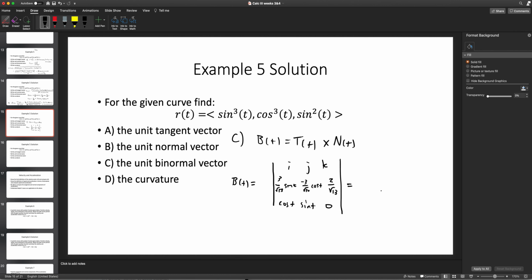All right, now let's take the cross product. So we get 2 over root 13 sin t i, there's a minus there, minus negative 2 over root 13 cos t, plus 3 over root 13 sin squared t, minus a negative 3 over root 13 cos squared t.